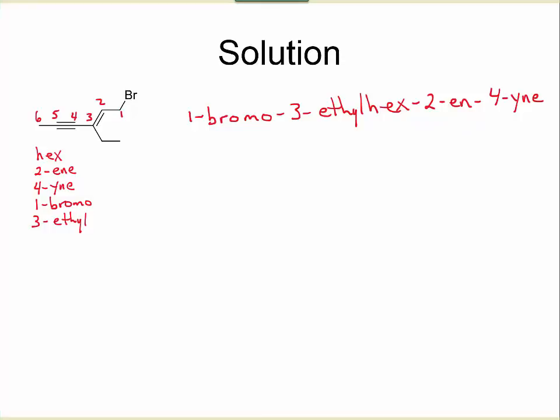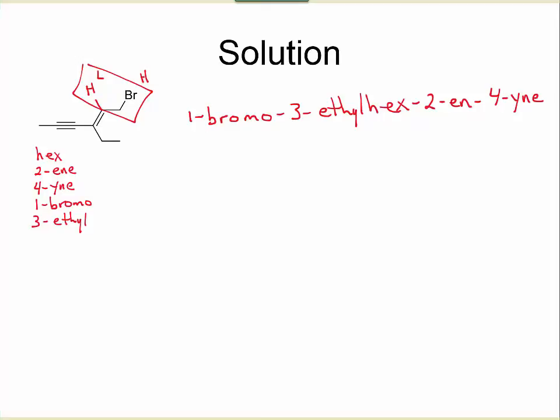Now let's go back and look at that alkene and determine whether it has an E or a Z configuration. When I look at the substituents on one side of the alkene, I have an H, which is going to be the low priority group, and I have a carbon, which is going to be the high priority group.